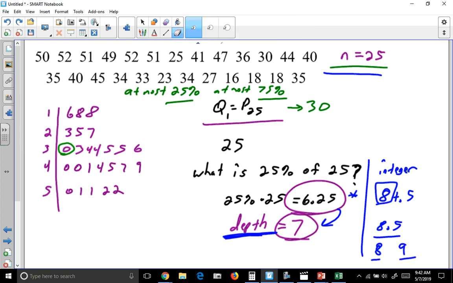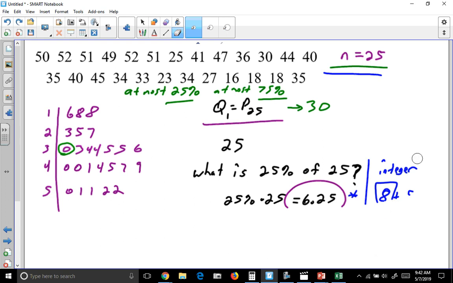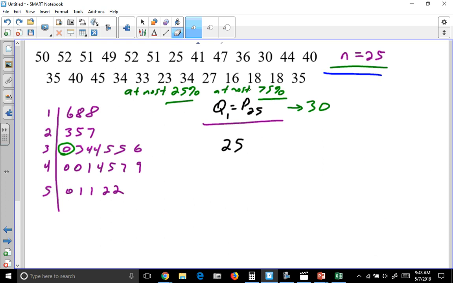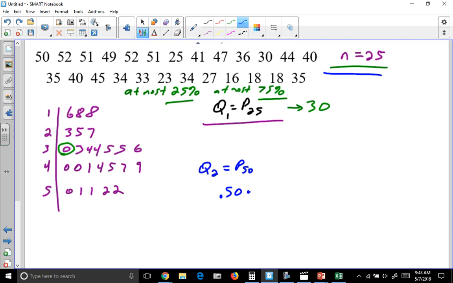So while we're here, let's go ahead and find the second quartile, also known as the median. The second quartile, the median, another name is the 50th percentile. We need to find out where is 50% of 25 pieces of data.